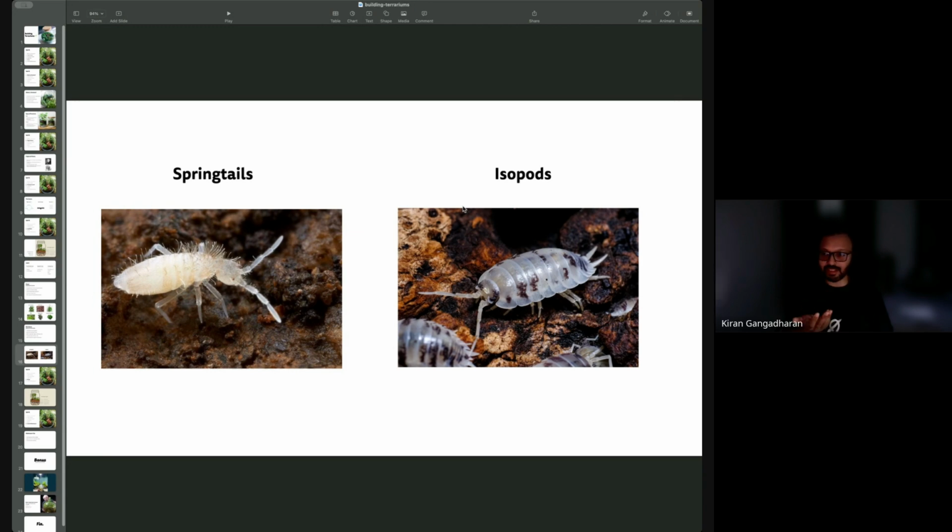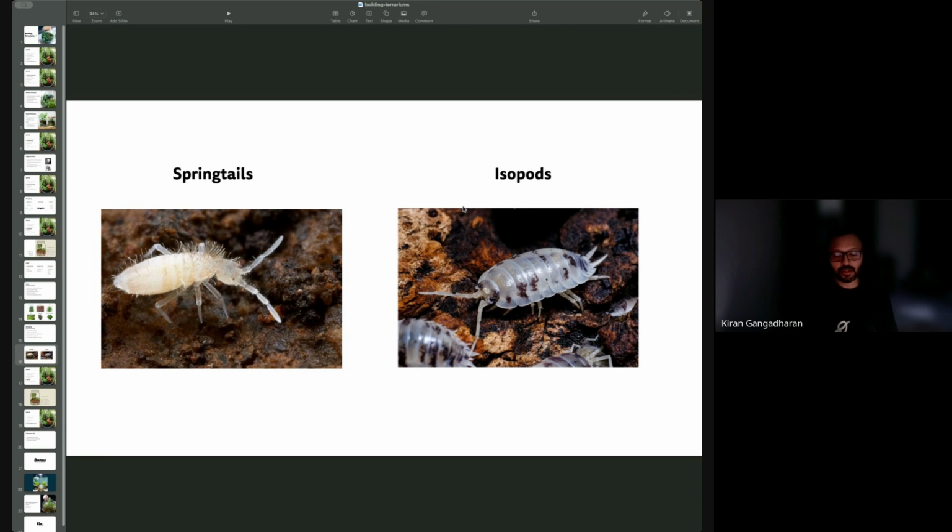These things actually exist in your backyard. There's a very high chance that your pot in the garden also has these, but because of their size, they are very hard to find. And even if you find them, they're very hard to catch, because you don't want to put the soil in. You just want to get these creatures out.